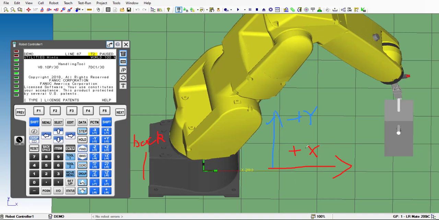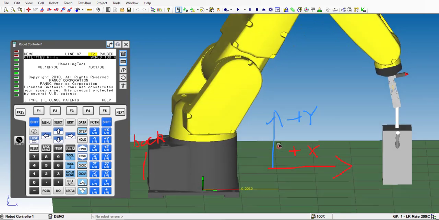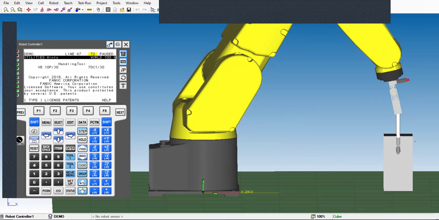Now, if I rotate back to the robot, I should maybe clear that drawing so you can understand that. All right.